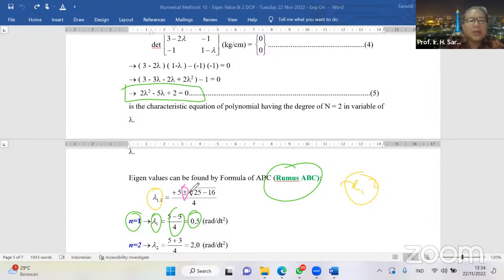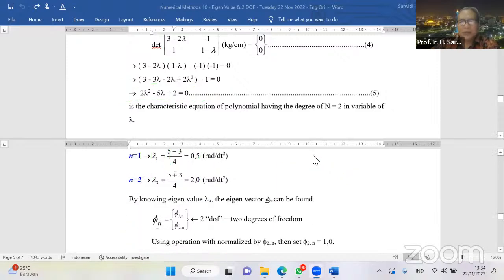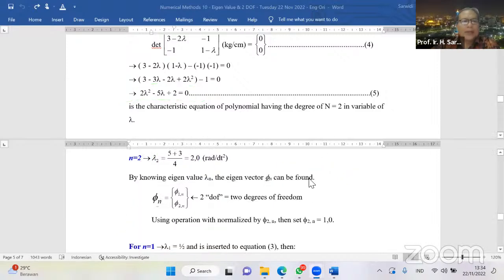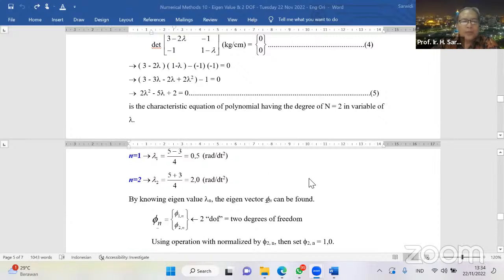Then second, using the plus sign here, we have lambda 2, related to the second mode of vibration, which is 2. So there are two eigenvalues here. All right, already you have two eigenvalues.